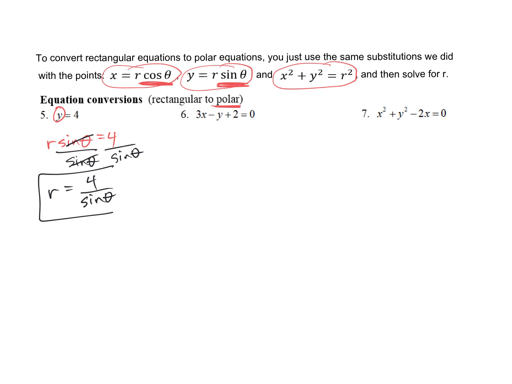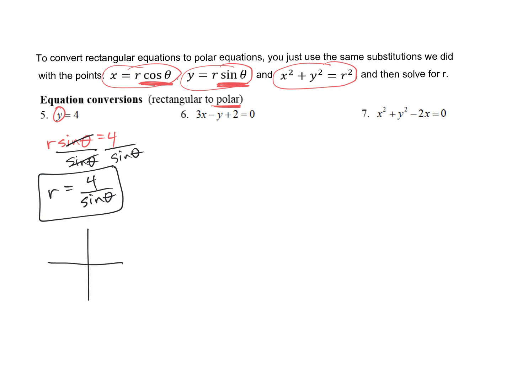So if you're in polar mode and it's in radians in your calculator, go in there and you'll notice now instead of y's, there's r's. And type that in there, 4 divided by sine of theta. When you hit the variable key, normally the x key, now it'll have a theta there. Okay, and graph it. What's it look like?